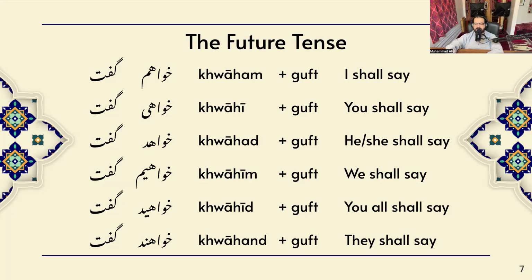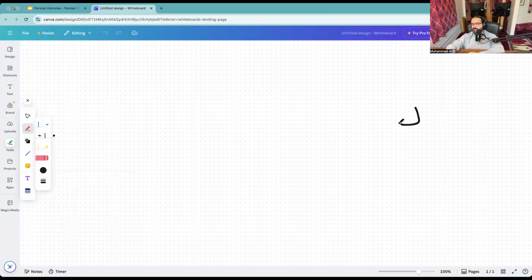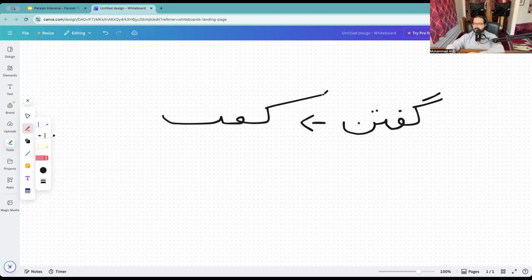Then we add the third person past tense or the past tense stem of any verb. Now, in this case, I just arbitrarily chose goftan. And then remember, goftan, it looks like this in the infinitive. Goftan. And to get the past tense stem, we get goft, right? Now, you could conjugate this how you know.